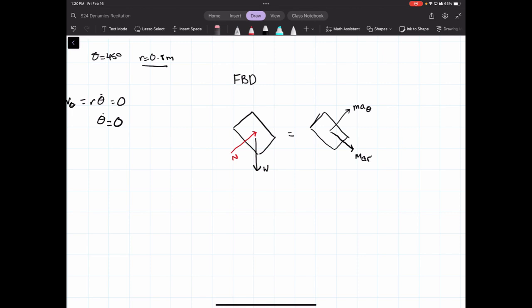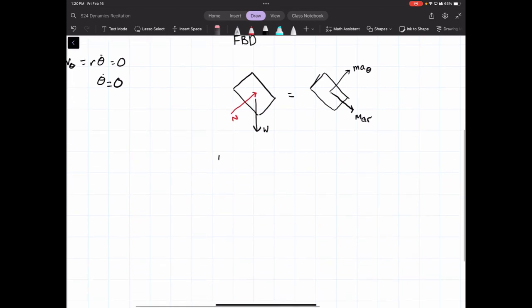Okay, so then we can start to sum up our forces. So we're going to start with the forces in the theta direction. So we want to figure out both of these forces in terms of their components as far as the theta and r direction.